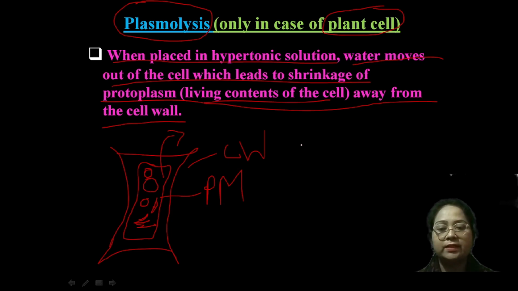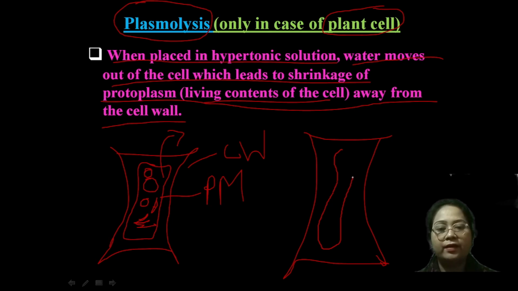Shrinkage of the protoplasm means these cell contents will shrink, and as a result the cell wall will remain in the outer part, and these living contents will get dried up and move away from the cell wall. You can see how it is moving away from the cell wall. So this process in case of a plant cell is called plasmolysis. I think this is very clear to you.